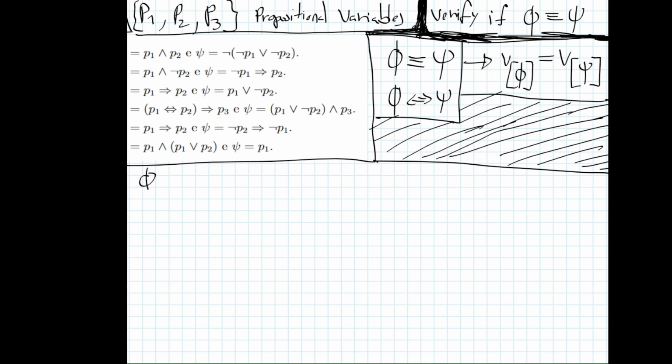We got phi equals P1 and P2. This symbol is, in my language, an end. It means end. So each one of these are end.